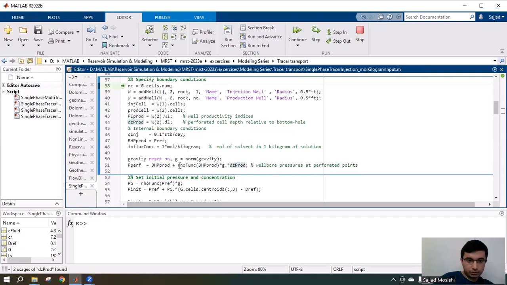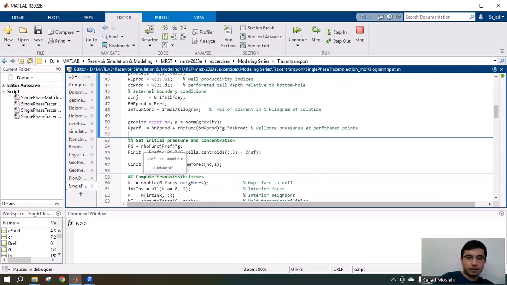The pressure gradient is this, and it is multiplied by this height. Very good. Here I have calculated the initial pressure of the reservoir in this way, and also specified the concentration of the tracer in the porous medium, which is 0.5 mole per kilogram.